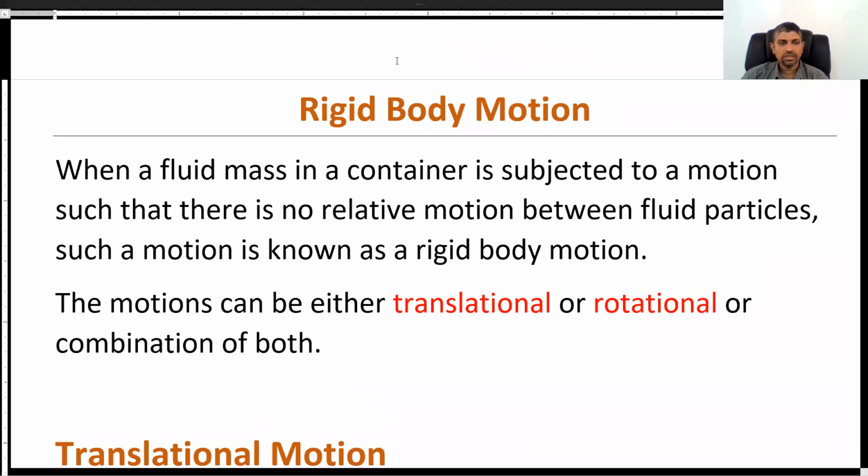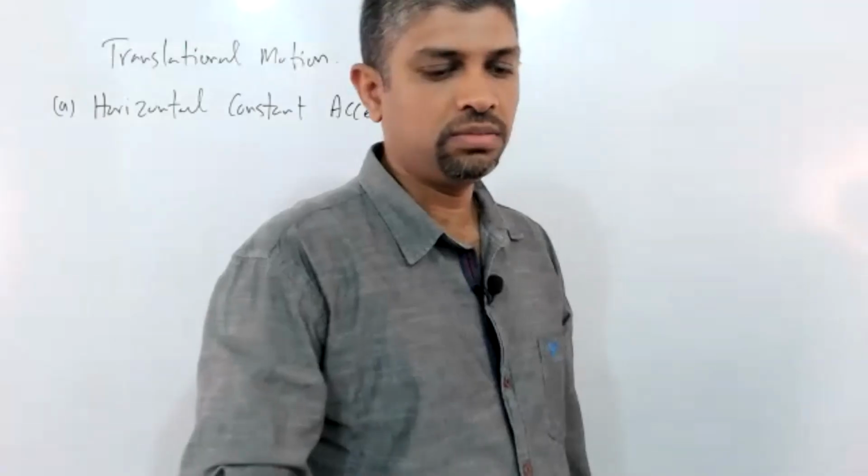We are going to focus on translational motion.